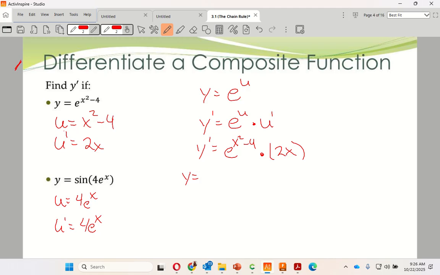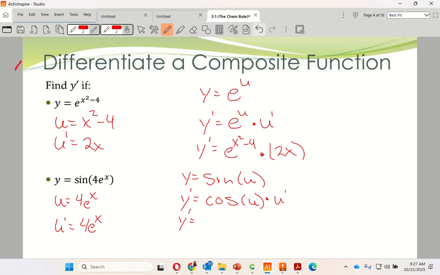So y equals sine of u. y prime equals cosine of u times u prime. y prime equals 4e to the x times cosine.